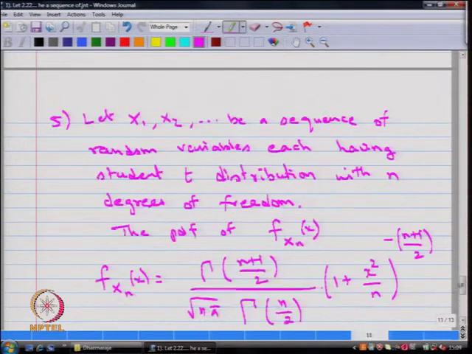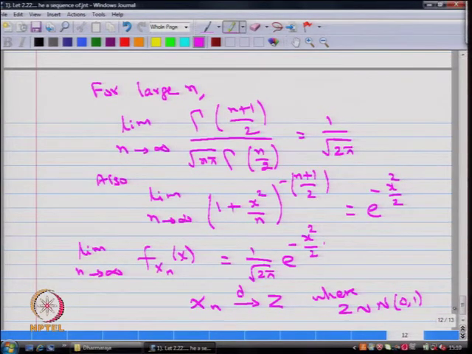So, this is a simple example of the sequence of random variables each having a student distribution. The limiting distribution converges to standard normal, and that is convergence in distribution.